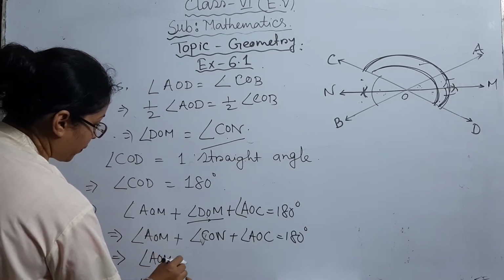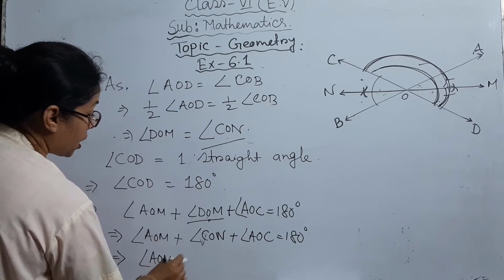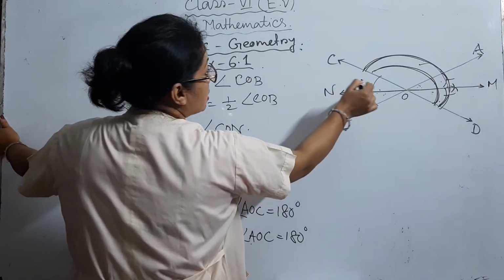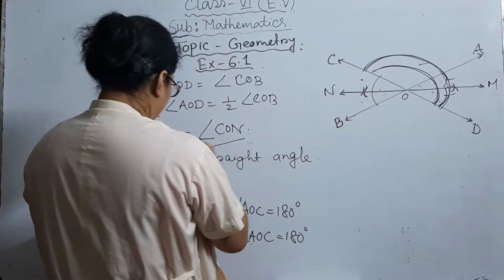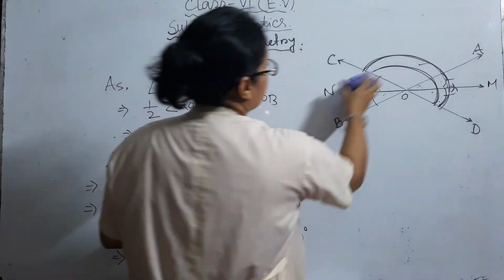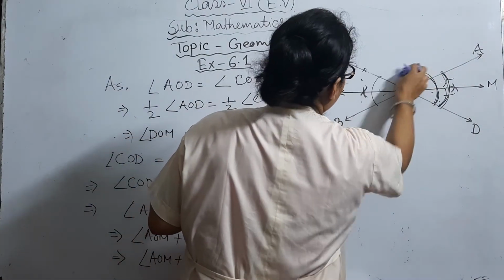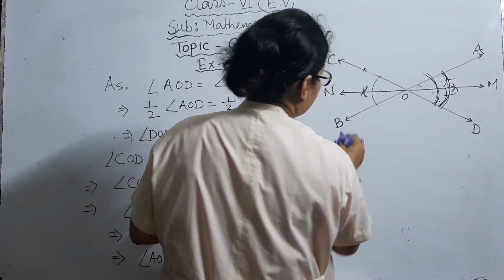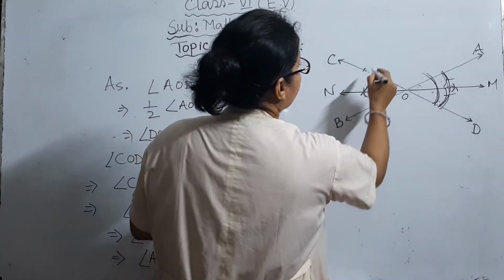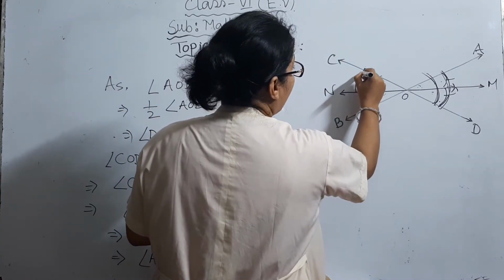Then AOM plus CON plus AOC. See, CON, this angle. Dear students, I lost my duster, that's why I am using my tissue, and I am really extremely sorry for that.